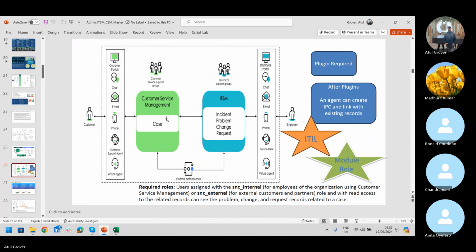Now the question comes: when do you need to integrate this product with Case? When should you use these two products together?